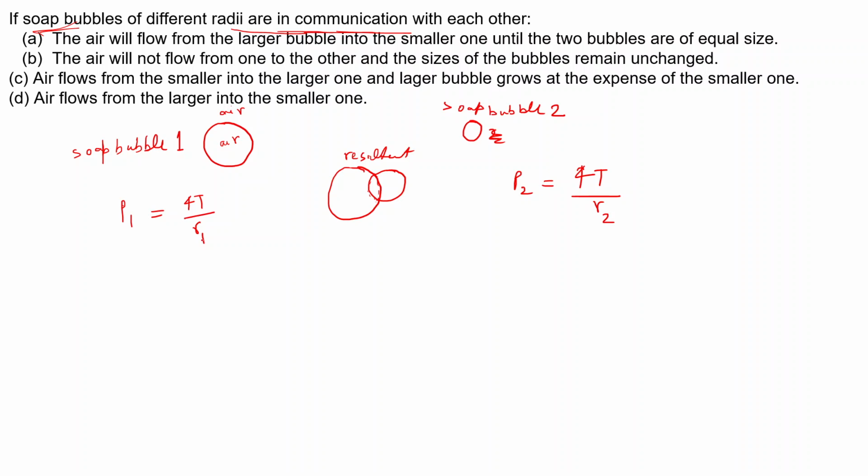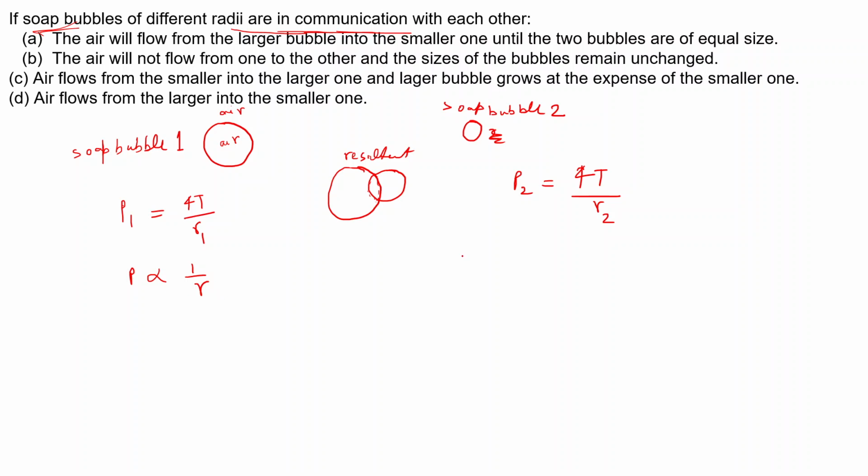Since excess pressure is inversely proportional to the radius, if the radius of bubble 1 is more, the excess pressure will be less for it.